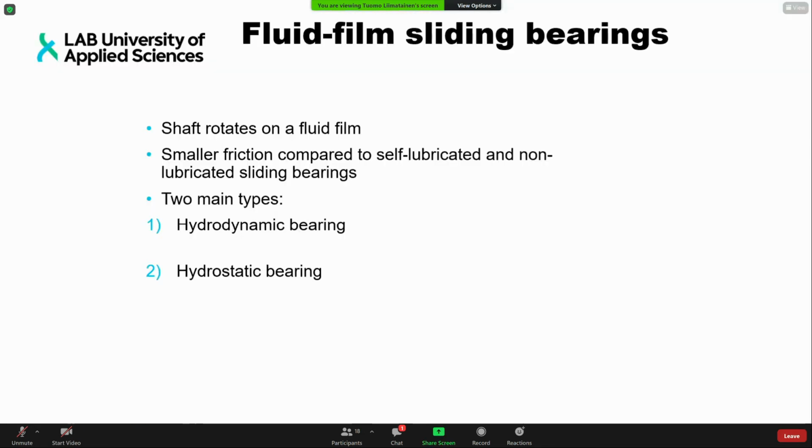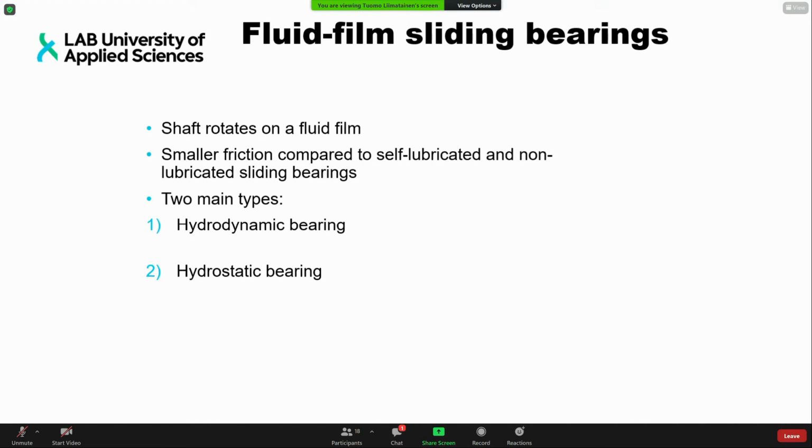Okay, then a bit more advanced version of a sliding bearing is a fluid film sliding bearing. As the name says, we have a shaft which is rotating on a fluid film, which is between the static and the rotating part. This is one step more advanced, so it will eventually have smaller friction compared to these previous self-lubricated and non-lubricated sliding bearings.